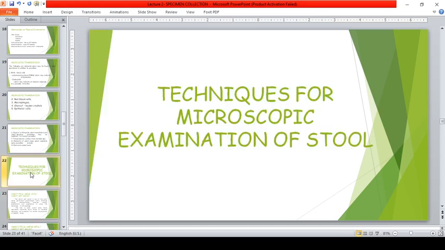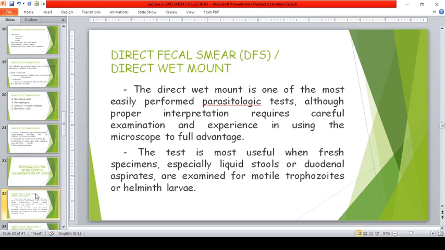So, DFS, we proceed with the techniques for microscopic examination of stool. DFS or direct fecal smear, the direct wet mount, is one of the most easily performed parasitologic tests, although proper interpretation requires careful examination and experience.